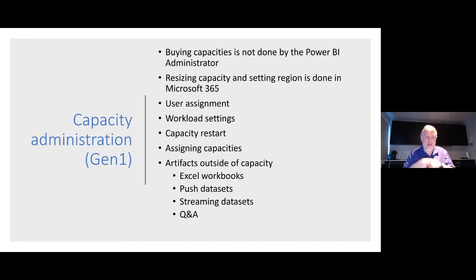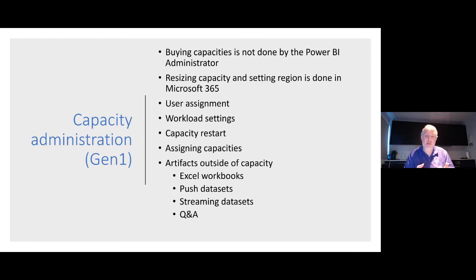But what the administrator can do is user assignments. Basically, they can tell which users should be able to assign workspaces to a capacity. They can change the workload settings, so basically how big a part of the Premium should go to dataflows or to AI and so on and so forth.